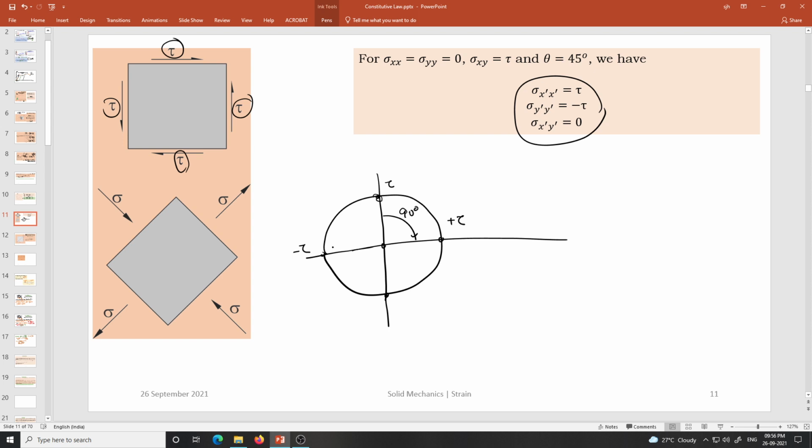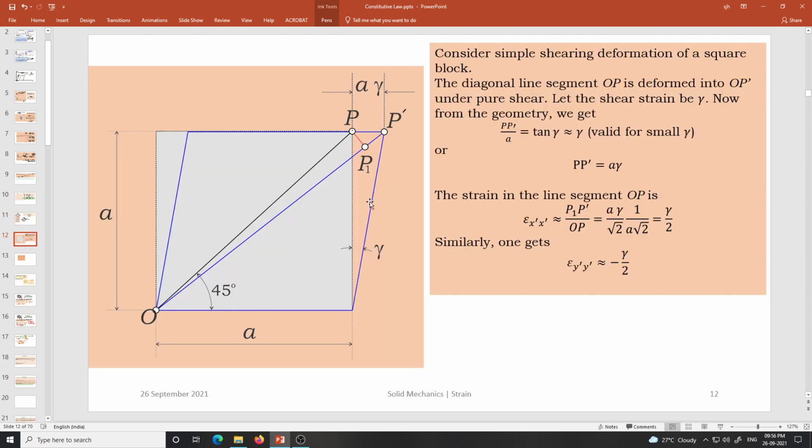And if we just consider this small square differential element, and consider only the shear deformation, we see that one diagonal end is O, another diagonal end is P in the undeformed configuration. This phi bar is going to take the deformed configuration represented by O and P prime.